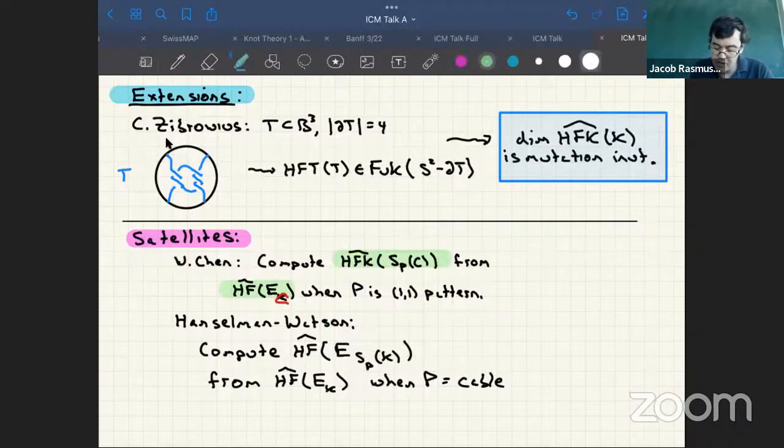And also some nice work of Hanselman and Watson explains how to compute HF hat of the exterior of a cable from HF hat of the exterior of the companion knot.